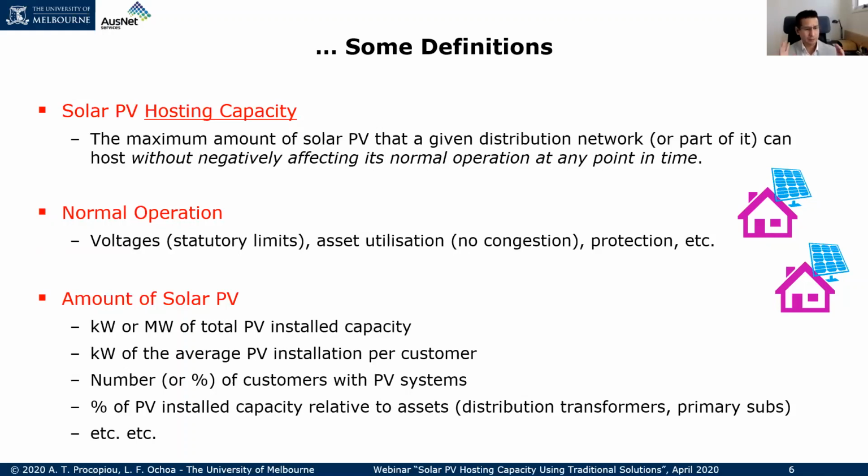That means that if we are looking at a particular feeder with, I don't know, 100 houses, 100 customers, then if 20 of them have photovoltaics for a given scenario, then that's 20% penetration. So those are the definitions and the considerations that we'll be using for the whole project.